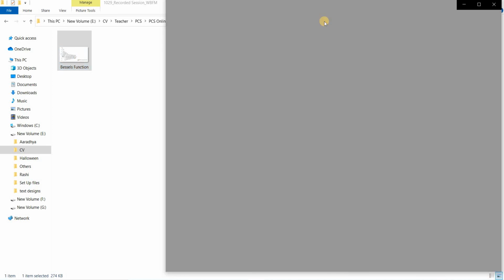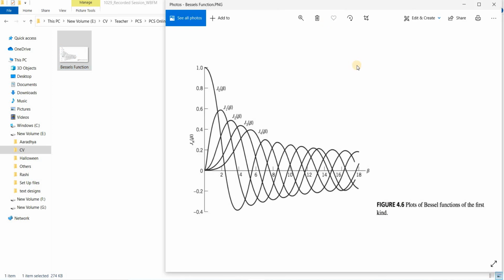I'm just opening it, please hold on. So this is Bessel's function. I have plotted Jn of beta along the y-axis and beta along the x-axis, and these different curves, if you can see my mouse pointer, correspond to different orders.